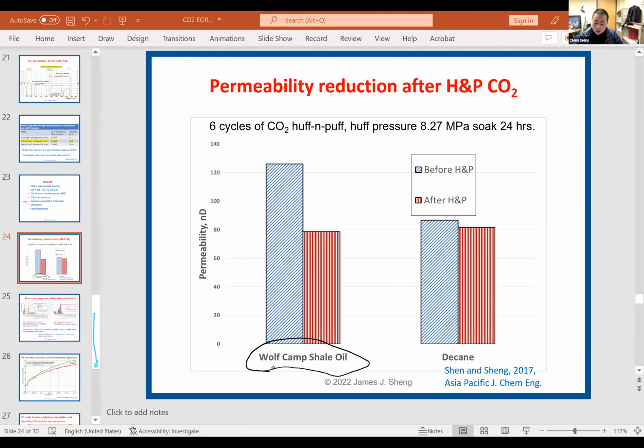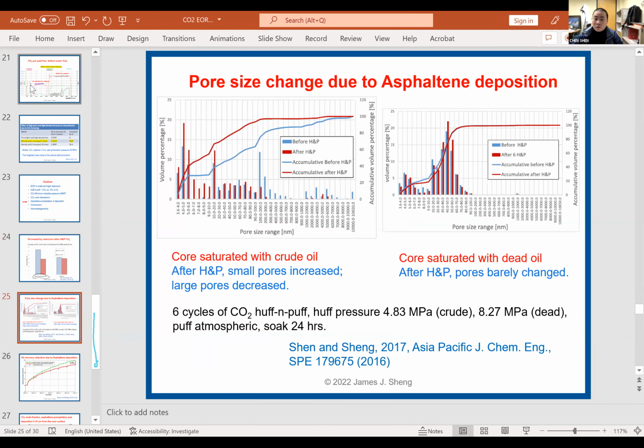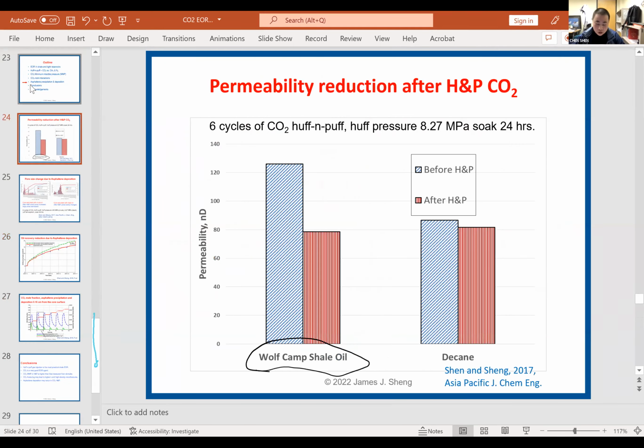And another question is that they want to check the diagram of permeability after CO2 injection and after water injection, the permeability change diagram.